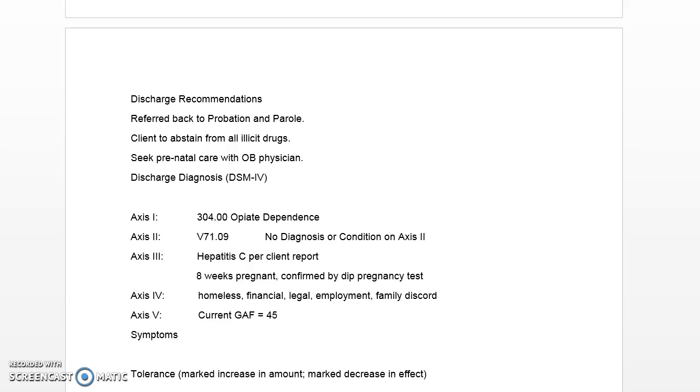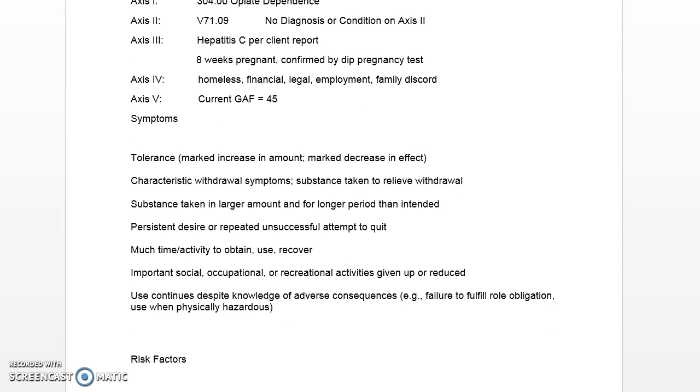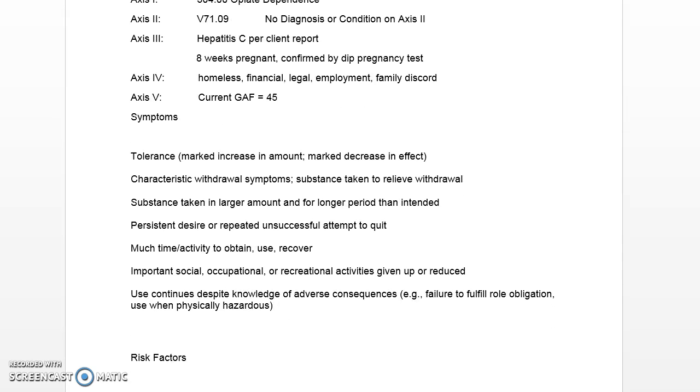You'll give their discharge diagnosis, so you will want to refer back to your diagnosis paper. You'll want to identify what symptoms, again, that will be in your diagnosis paper, so what symptoms they had that made them meet the criteria for their disorder.